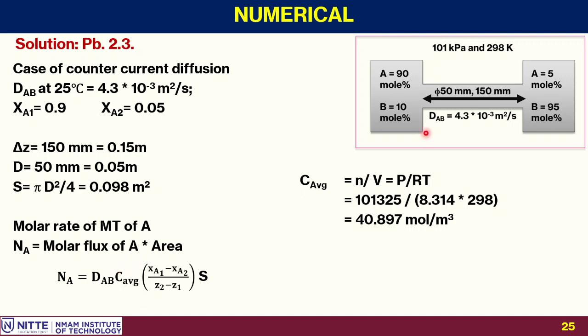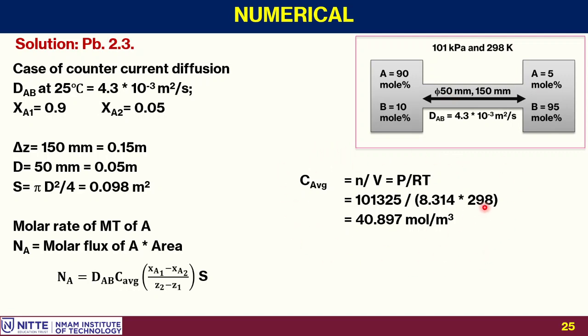Since it is a gaseous system, only because it is a gaseous system, I can make use of this equation. C average is equal to N, total number of moles, divided by V, or total pressure by RT. The total pressure, I'll consider that as 1 atmospheric pressure, and I'll calculate the number of moles per unit volume. If it is a liquid, you cannot use this equation.